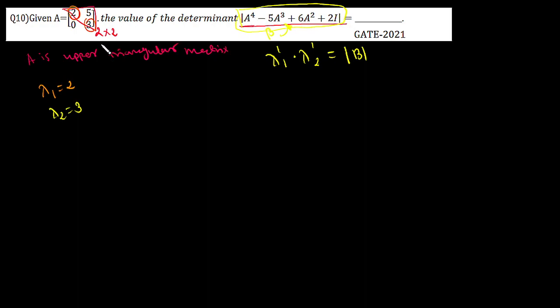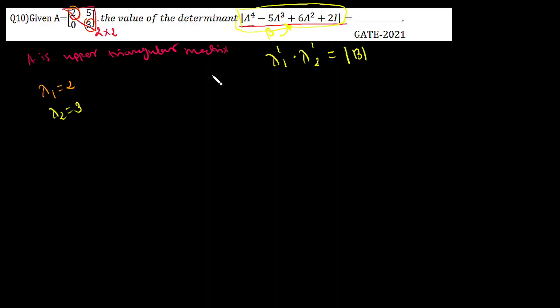Another property is that if we make any matrix with the help of the initial matrix A in some polynomial form, then the eigenvalues of the resultant matrix are obtained by performing the same polynomial function on the individual eigenvalues to get the corresponding eigenvalues of the new matrix.